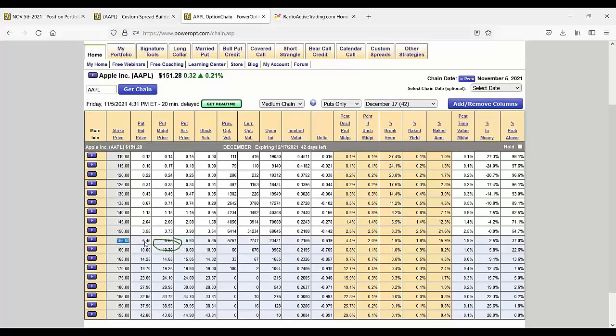But if I sold the 155, the slightly in the money put, and got, let's just call it 665 in this example, if the stock stays at 151 and I get assigned at 155, the cost basis of my new 100 shares is going to be down to about 148.40.